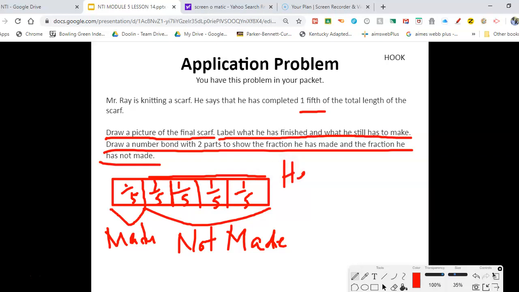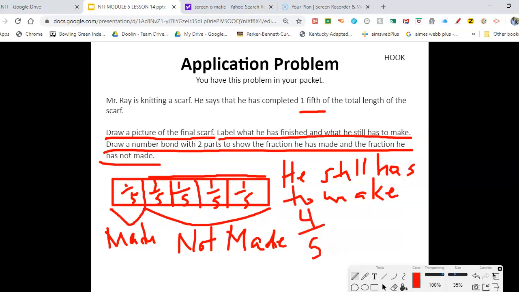He still has to make 4/5. Sorry, my writing is not good, but it's hard to write on this. Now it also says to draw a number bond. So let's draw a number bond. We know that this number bond is 1 whole scarf.